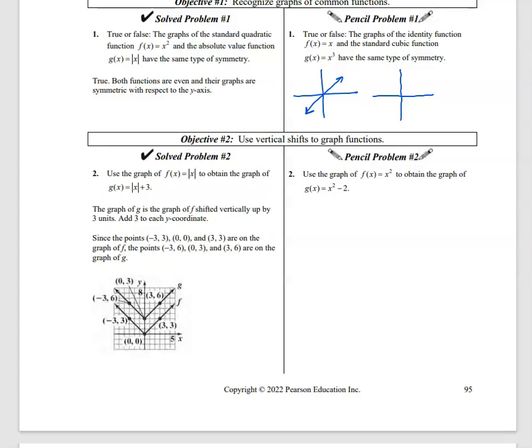Parent functions refers to the basic type of function that we would take and change the equation slightly in order to achieve some transformations. We have this very basic one, the parent for all linear functions, which is y equals x. This one is a cubic function, y equals x cubed.